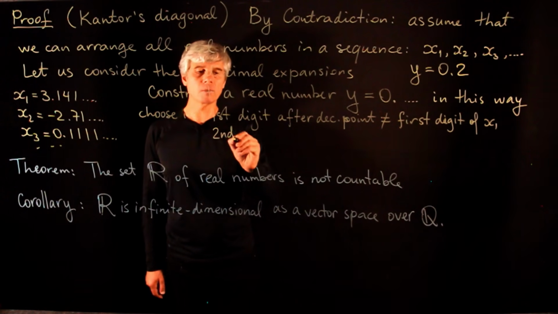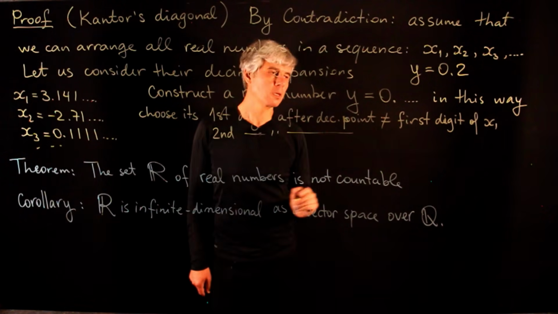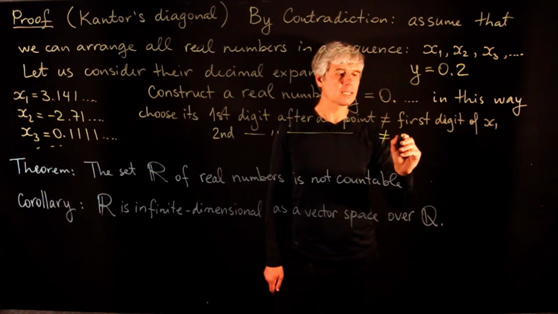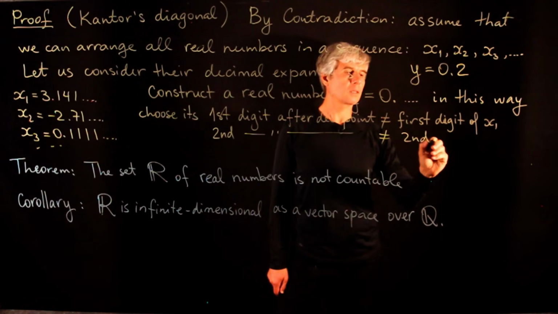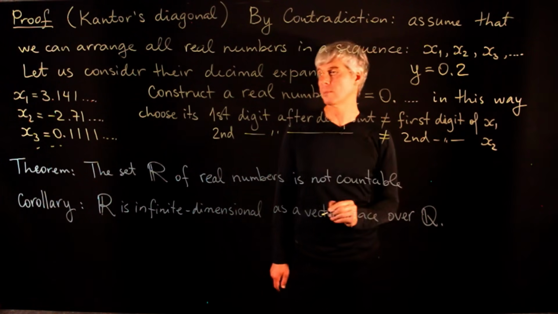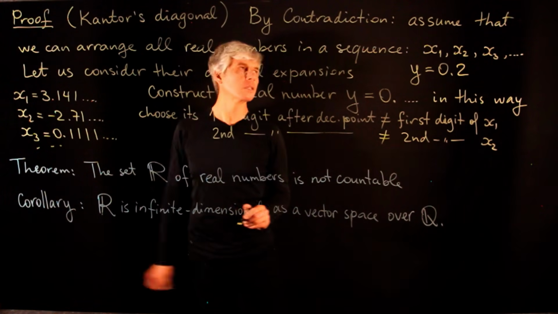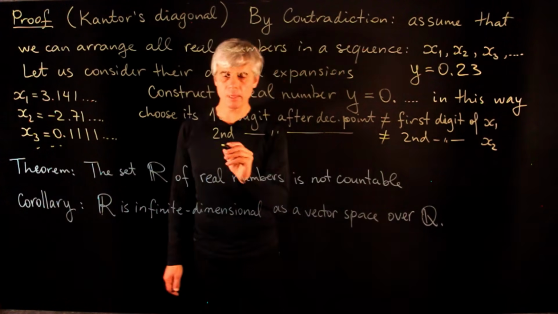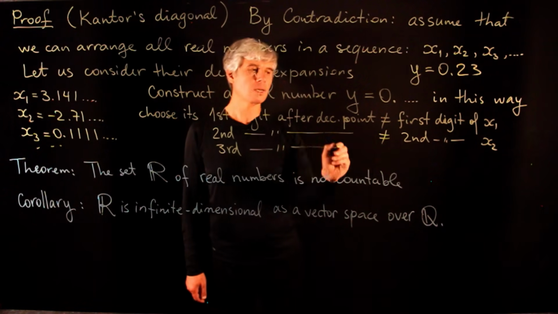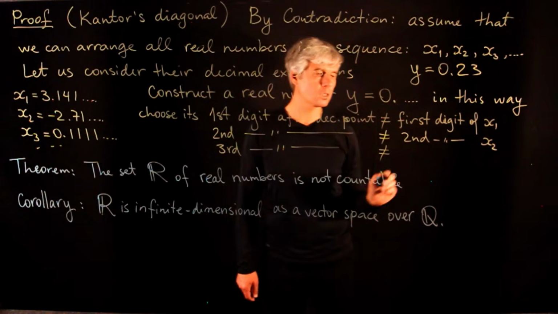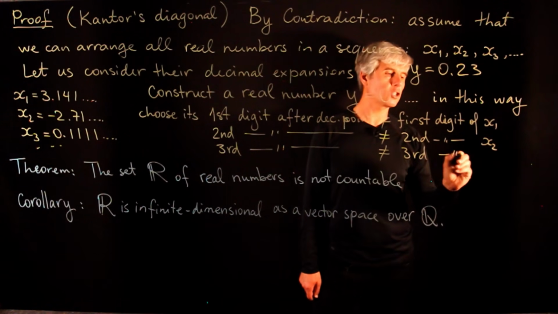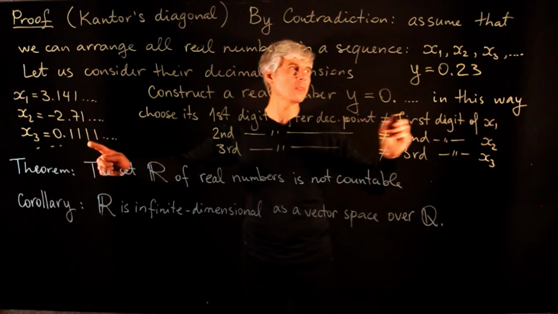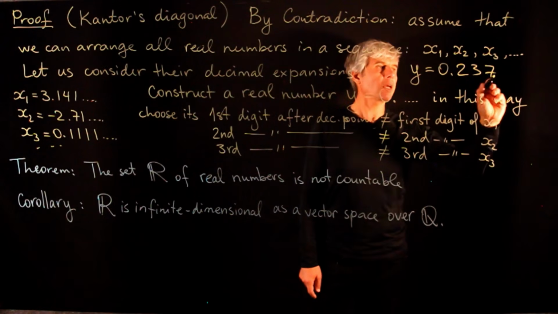Then its second digit after the decimal point, we choose something that's different from the second decimal digit of x2. Here it's 7, so I'm going to choose 3. And the third digit after the decimal point, just pick anything which is different from the third decimal digit of x3. So x3 has the third digit of 1, and I will choose 7, and so on.